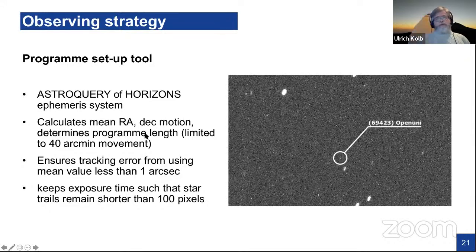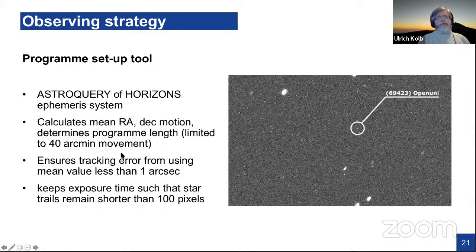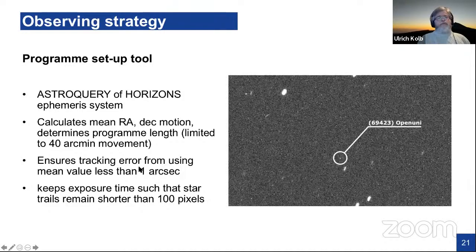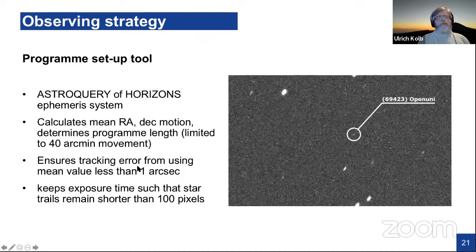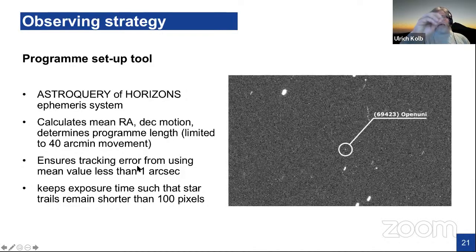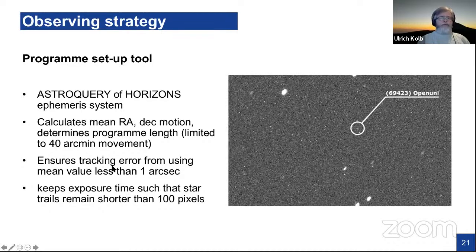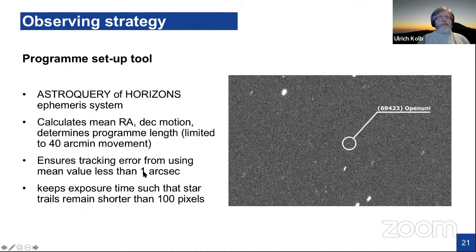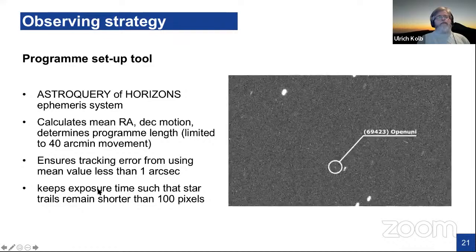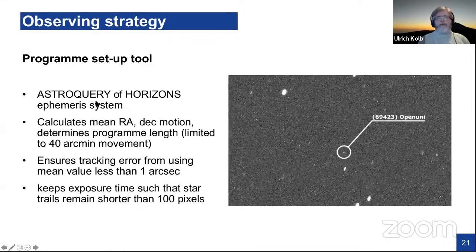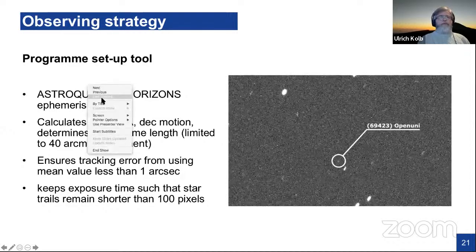This determines the program length, determines what the exposure time is, and makes sure that the tracking error from using a mean rather than permanently adjusted tracking rate doesn't get larger than the seeing, and keeps the exposure time to limits as desired. And the outcome of this is something like this.